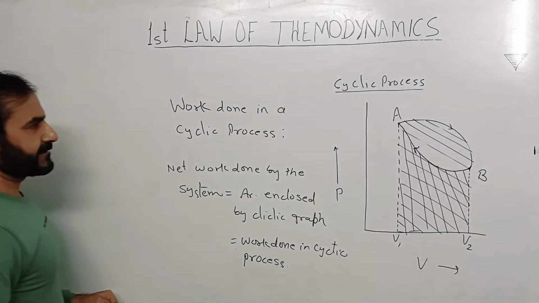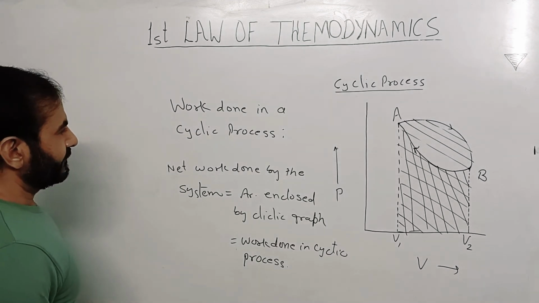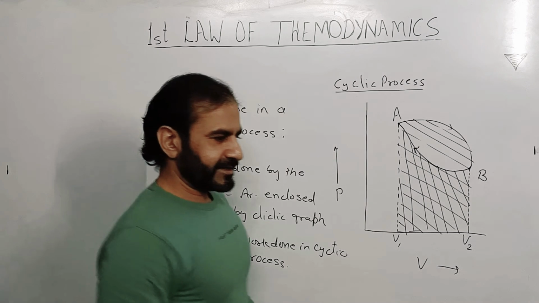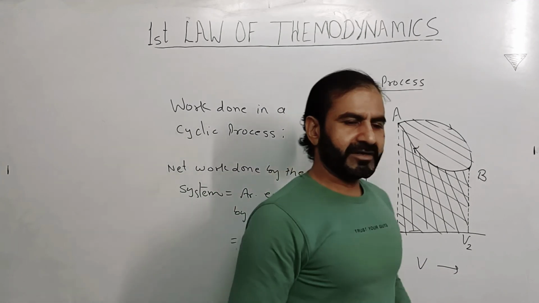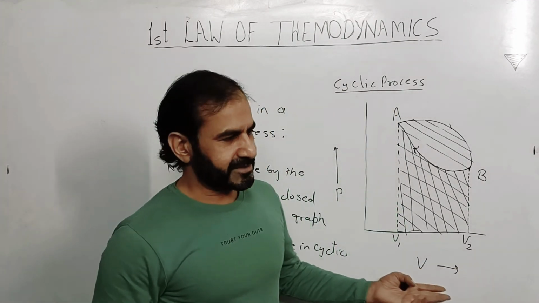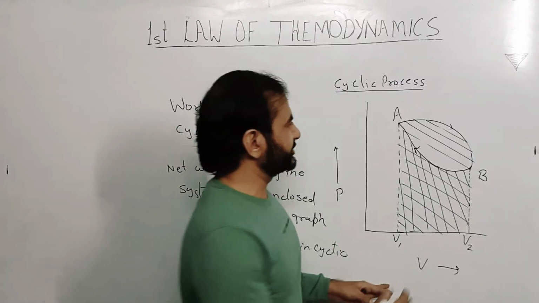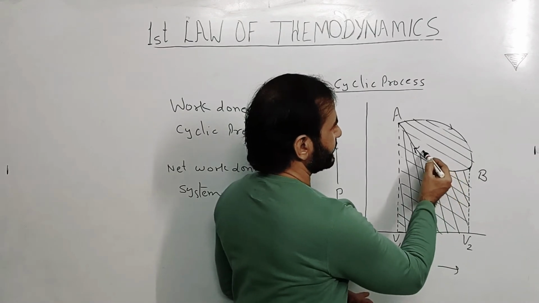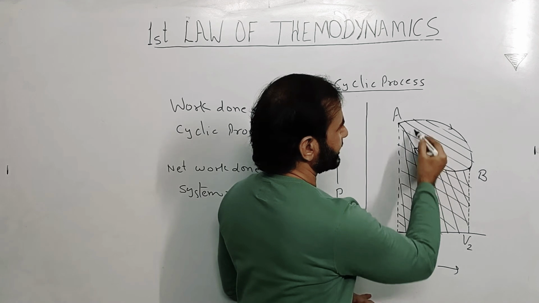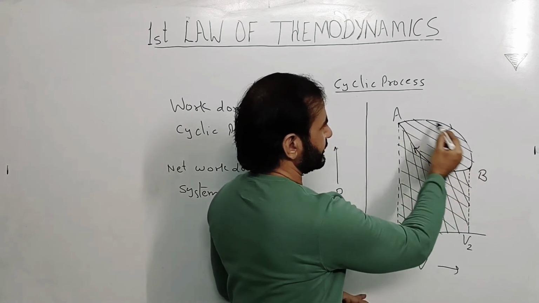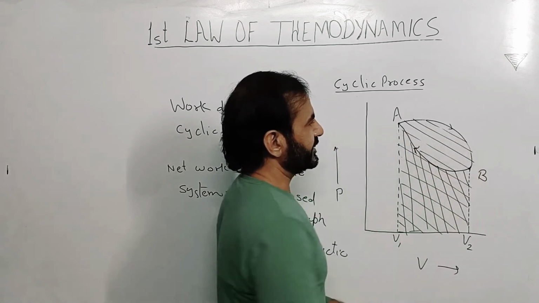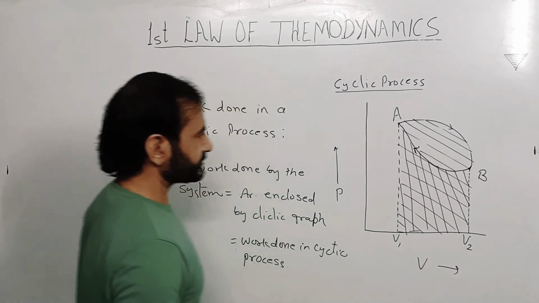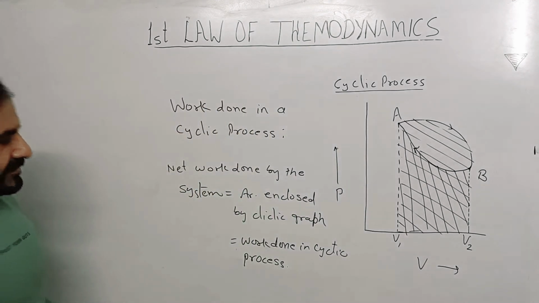So in a cyclic process, the work done by or on the system we can directly find using the area enclosed by the cyclic graph or closed curve.